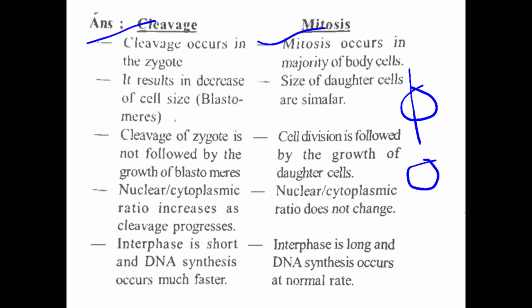Then, the nucleocytoplasmic ratio increases as the cleavage process goes on, whereas in mitosis the nucleocytoplasmic ratio does not change. In cleavage, the nucleocytoplasmic ratio increases, whereas in mitosis it does not.